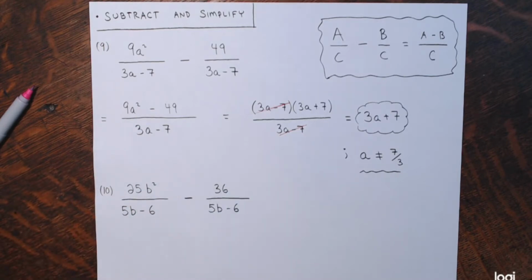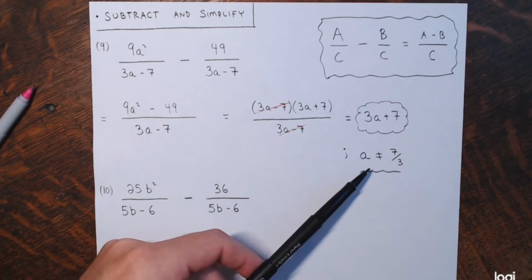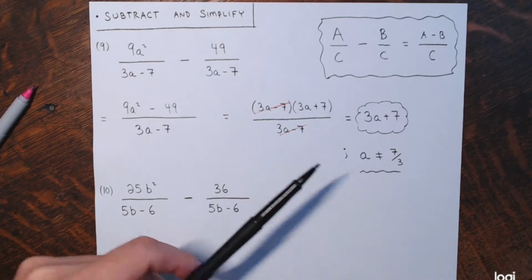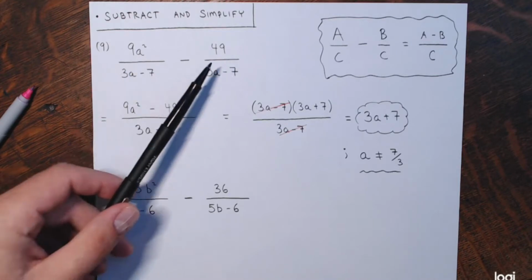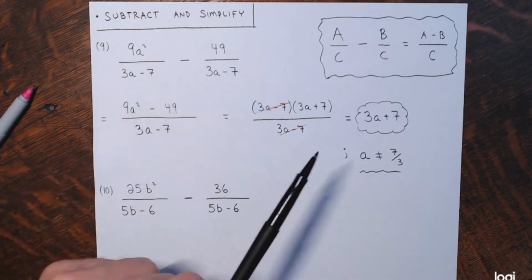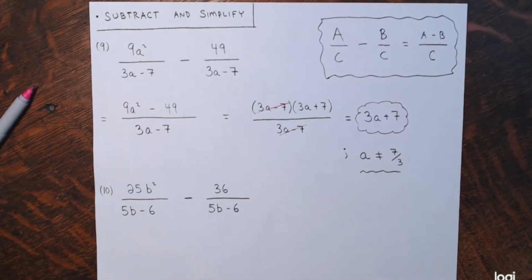But a can be any other number I want. And test it out. Replace a with any number besides 7/3, and take this subtraction. Subtract these two here and see what number you get, and then plug it in the final expression, see what number you get, and they should be the same value. Because it's a new one with subtraction, I'll at least do one more of these where we test it out.